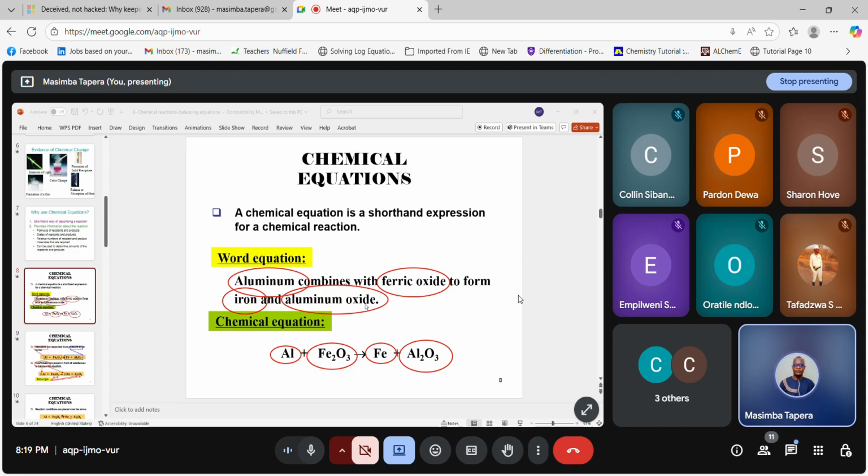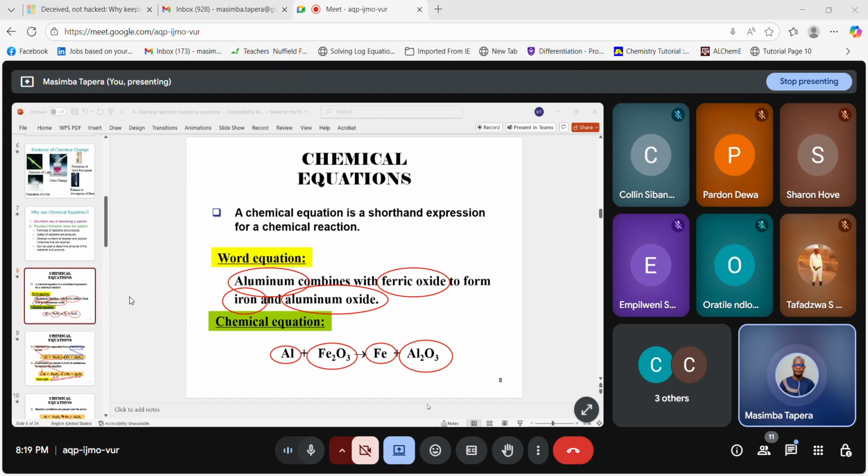Here it is important for you to get to know the information about chemical bonding, the nature of bonding, the type of bond that is formed, and the ratio of atoms that combine to form a certain compound.